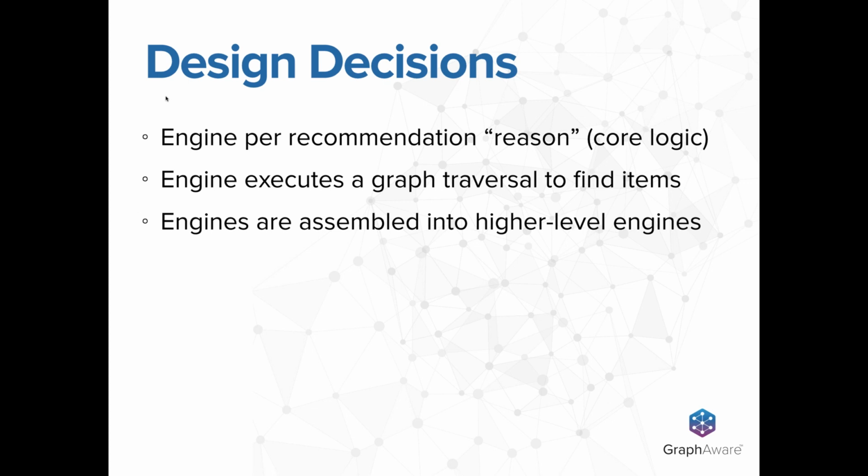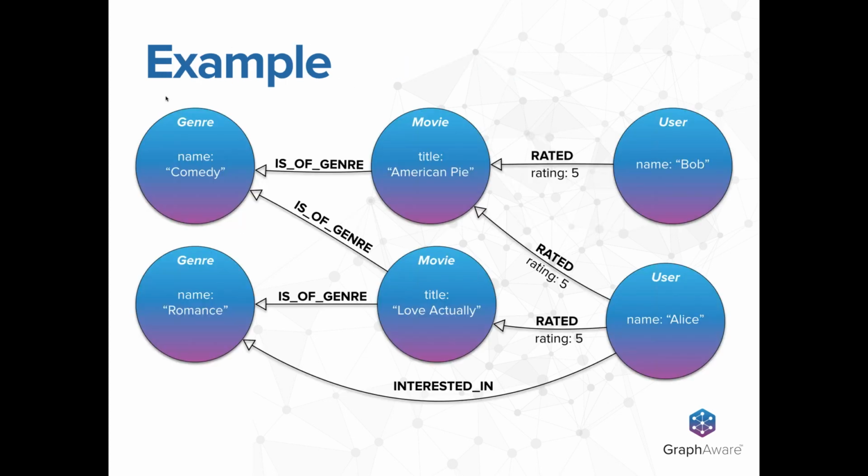So you could easily build the whole solution as a puzzle or Lego pieces, just assemble it together. Each engine executes a graph traversal and finds items that are potentially recommendations. These engines can be assembled into higher level engines, like building blocks, to keep some flexibility and encapsulation.